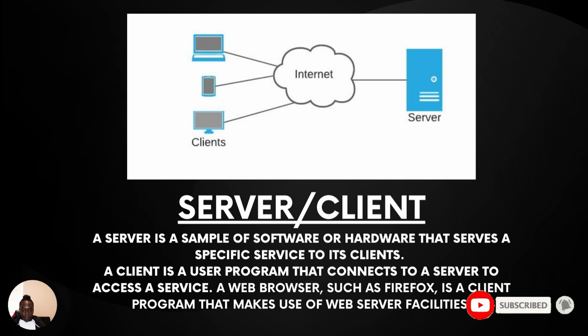A server is a piece of software or hardware that provides a specific service to its clients. A client is a user program that connects to a server to access a service. A web browser such as Firefox is a client program that makes use of web service facilities. Like I said, you'll probably see this model or architecture, a really simplistic way to get that first, second, third hop down to establish that first path.